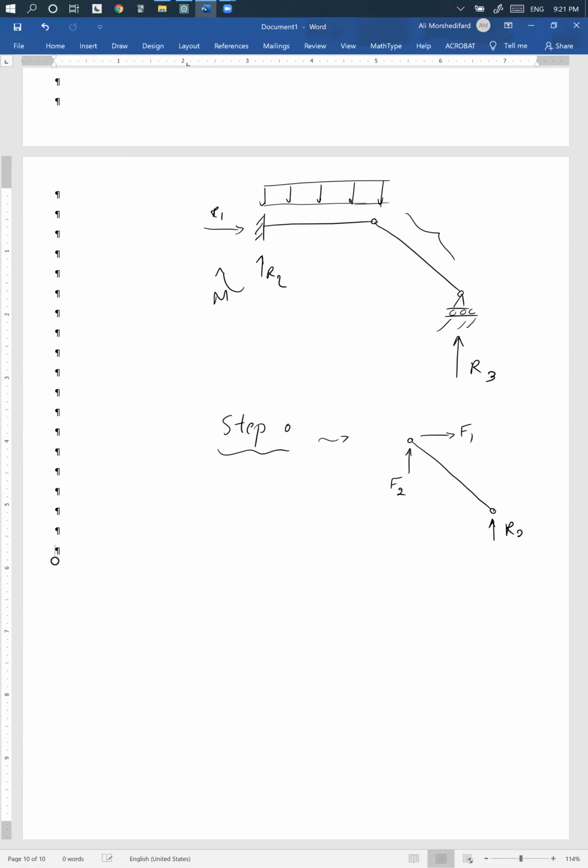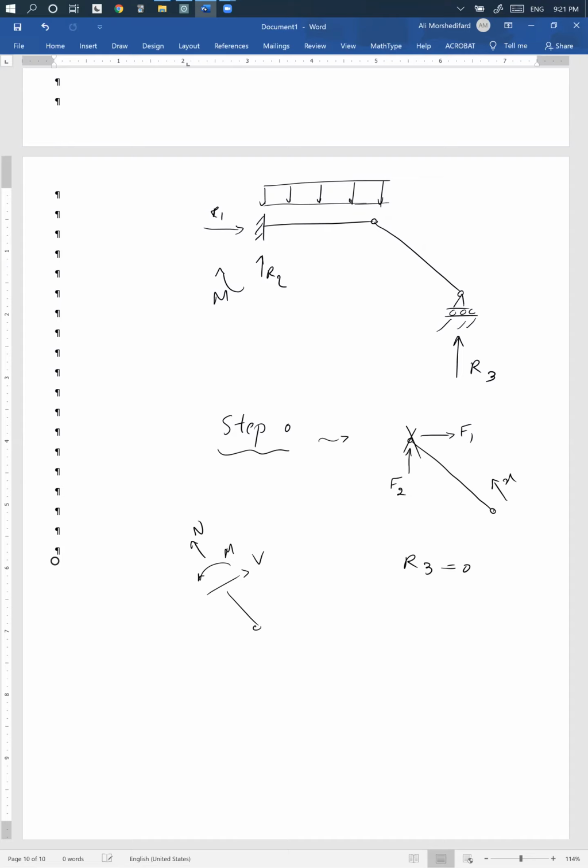So R3, right? If you take the moment about this point, R3 is 0. So basically this member is useless. Because there is no force, this one is 0, right? So if you make a cut somewhere along X, there is no force.